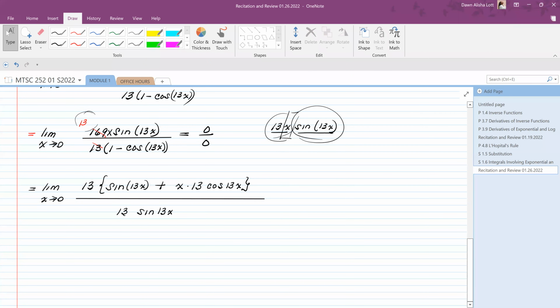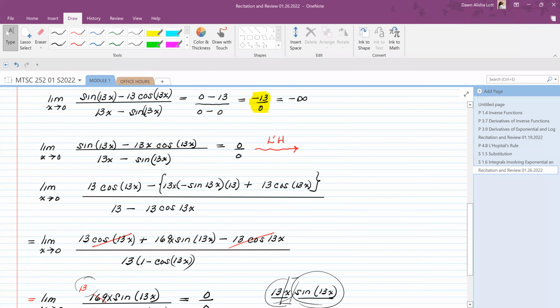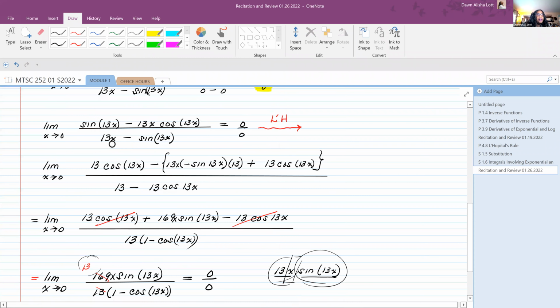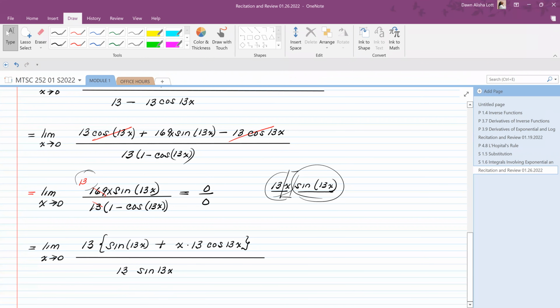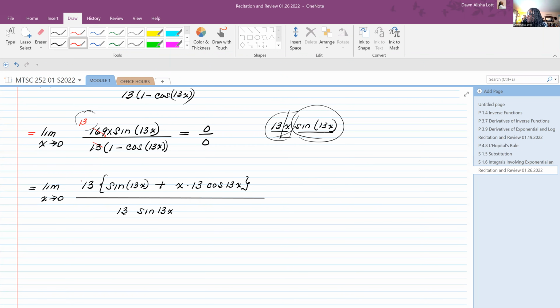Okay, so this 13 came from the 13 up here. Remember, it was 13 minus 13 cosine 13x. So when we took the derivative of 13x minus sine 13x, we got 13 minus, brought the 13 out, cosine 13x, right? So that was in the denominator. So the 13 is still there, but it's going to cancel now. And we got to do one more derivative.